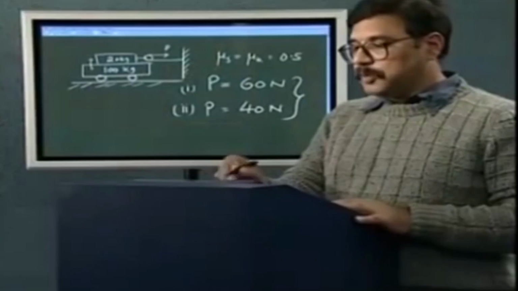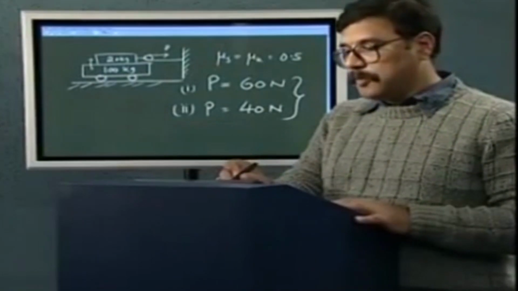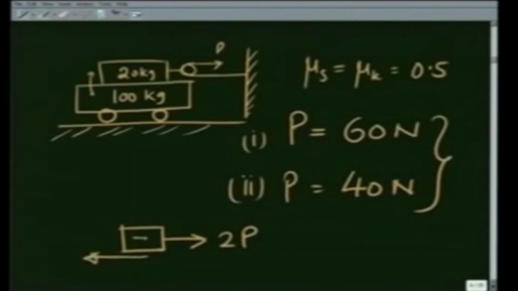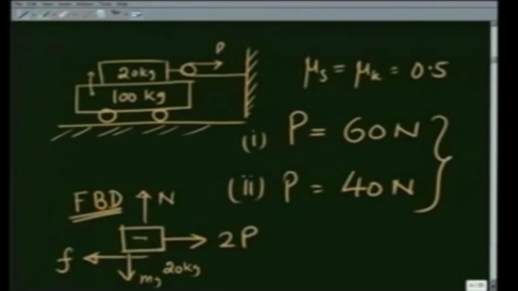Obviously, when this P is pulling it, since this is a rope going around a pulley, the net force on the upper mass is going to be equal to 2P, that I need not go over again. And since this mass has a tendency to move this way, it will be opposed by a friction F. That is the free body diagram of mass 20 kg.